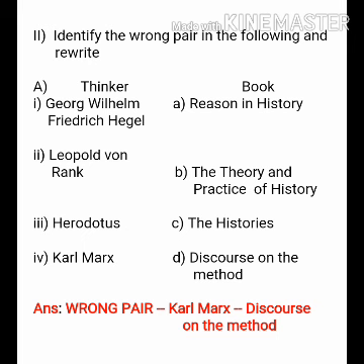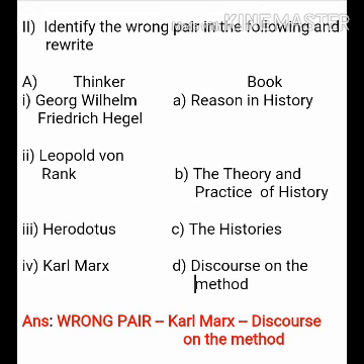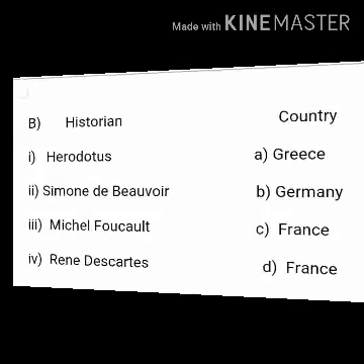That is how I have written now. Answer. Then you have to write down the words wrong pair. Then you have to write down the left side, that is Karl Marx. And then the right side, that is Discourse on the Method. So this all should come in a straight one line, or you can continue with the second line if the sentence is bigger. So always you have to write down in this form only.